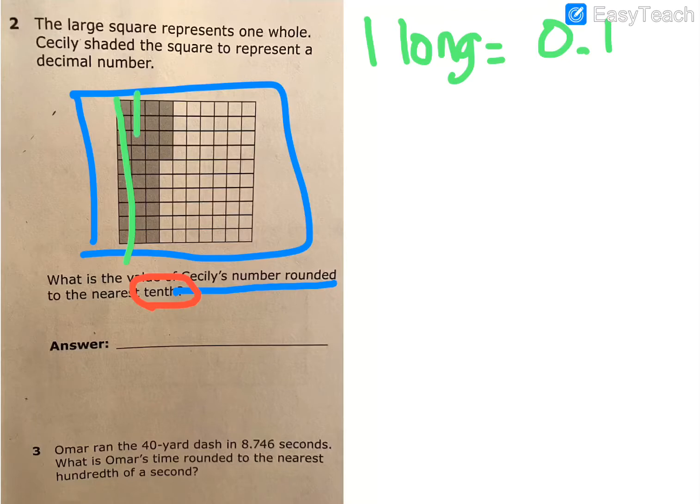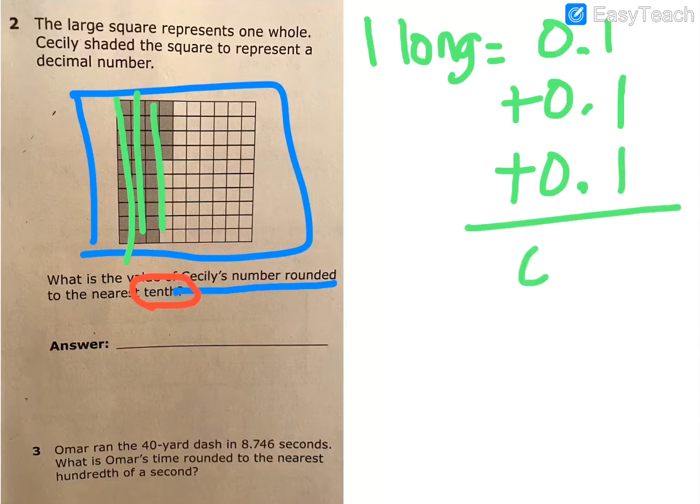And we have 2 full longs, so that's another 1/10. We have another full long, which is another 1/10. So far we have 3/10.